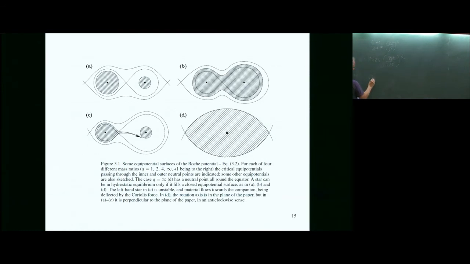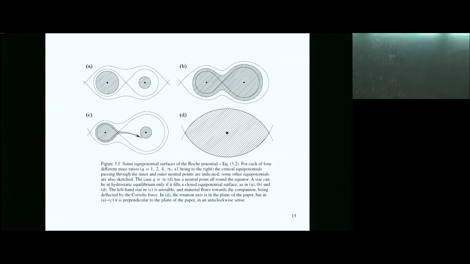Now, the Roche lobe of the star is A times XL of Q. So when the star fills its Roche lobe, we can write that A is R star over XL of Q, because when the star fills its Roche lobe, the radius of the Roche lobe is equal to the radius of the star.